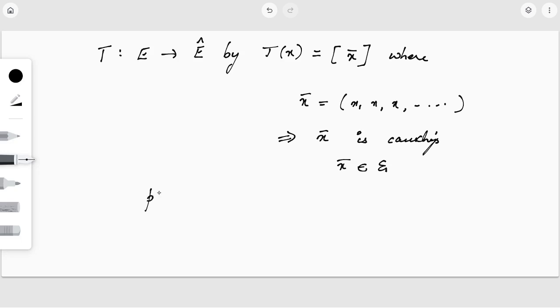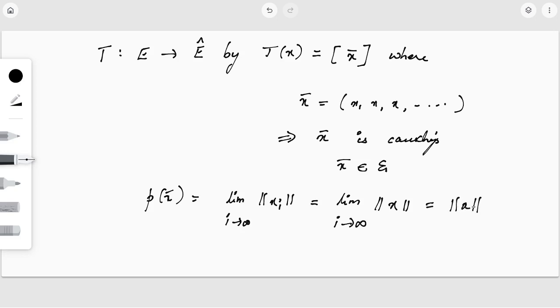Also we have P of X bar, by definition, equal to limit i tends to infinity of norm of Xi, right? Now what is the specialty of X bar? X bar is a constant sequence X. So this is none other than limit i tending to infinity of norm of X, because each coordinate term is X itself. And what will be the limit of this value? It is nothing other than the constant norm X itself, right?